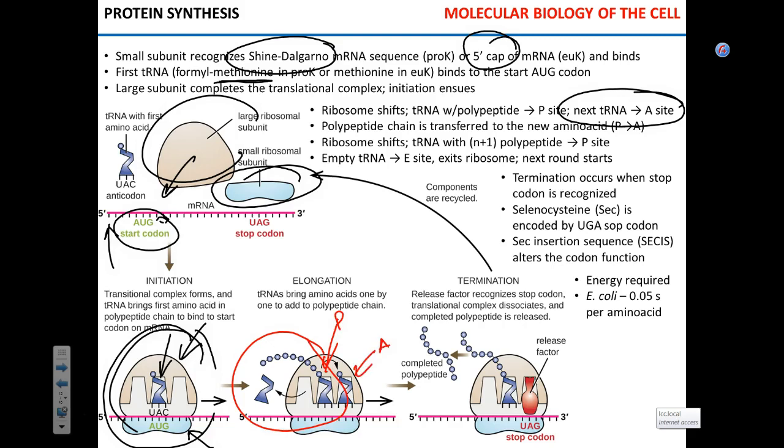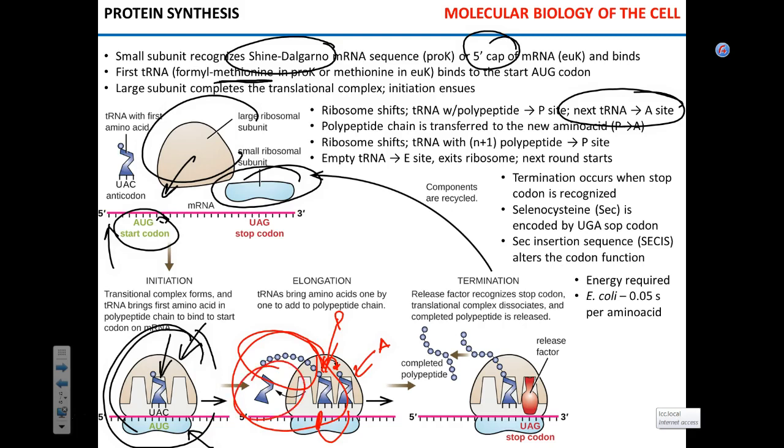The entire polypeptide chain is being transferred to the incoming amino acid. The ribosome shifts again, and the chain goes from A to P site. It all sounds like a lot of gibberish. Give me a second. We're going to do an actual representation of what is going on, and it will make it a ton clearer.